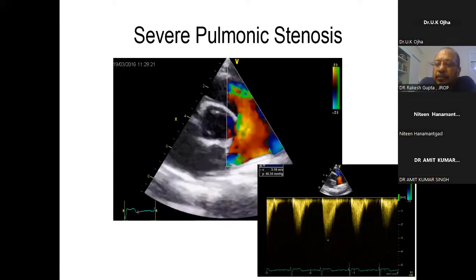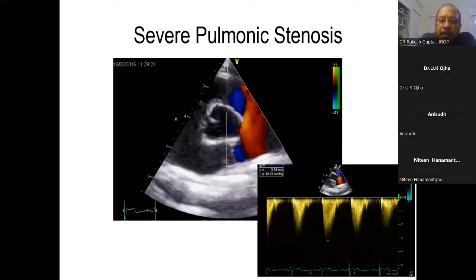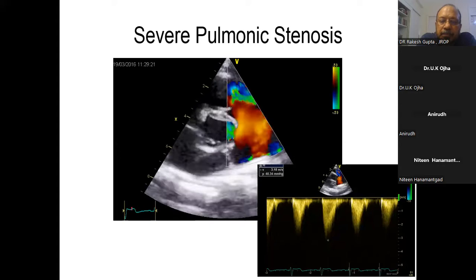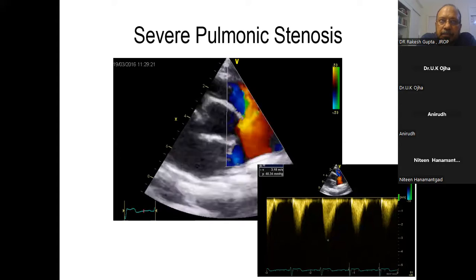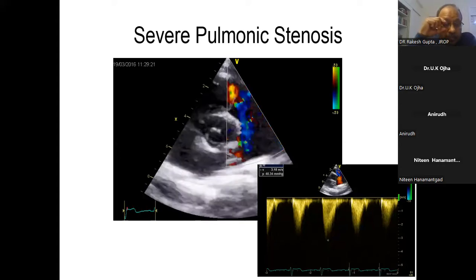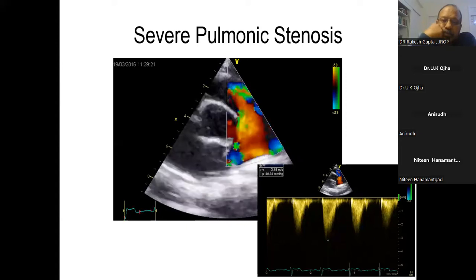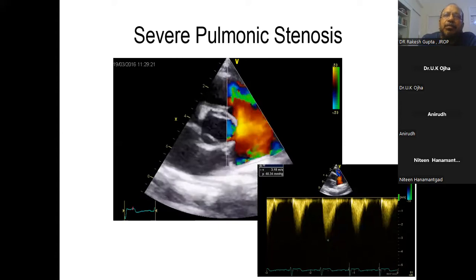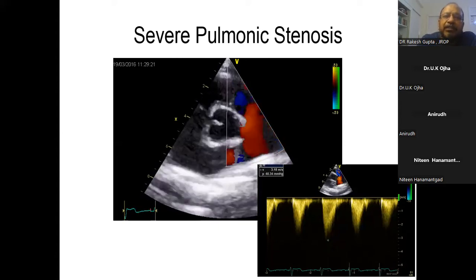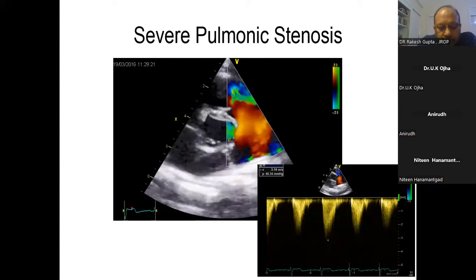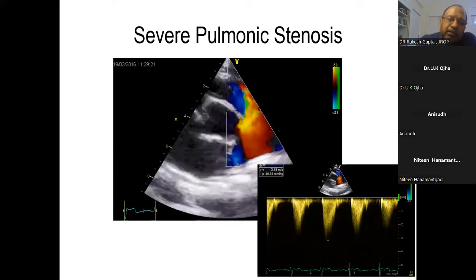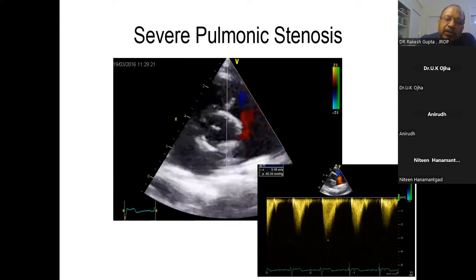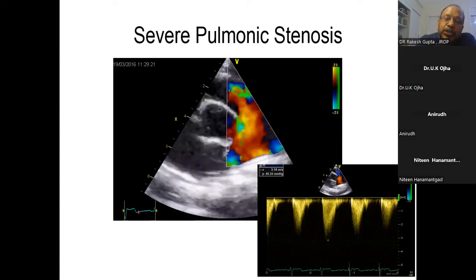Sir, RVOT appears to be larger in diameter than LVOT. Is it true, or is it just how it looks? Let me give the normal values of LVOT and RVOT. LVOT annulus diameter is almost 1.8 to 2.2 centimeters.